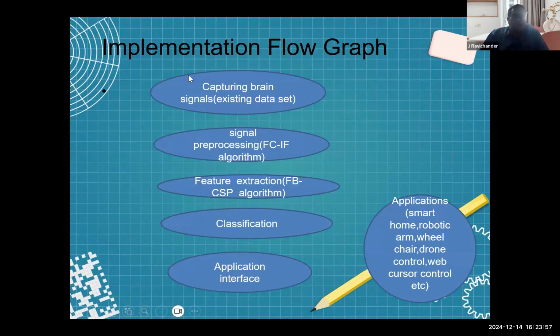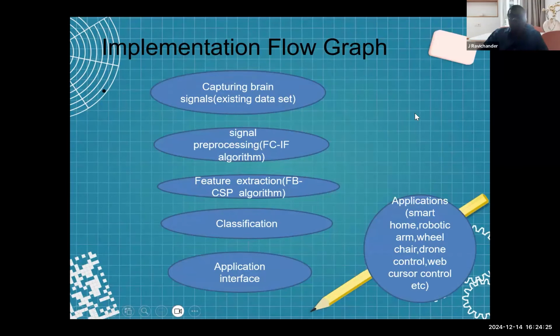So here, first, we will capture the brain signal. If it is real time, we will take it from the EEG device, or if it is a simulation, we have to take it from an existing data set. After that, we use signal processing algorithms, which is very important.